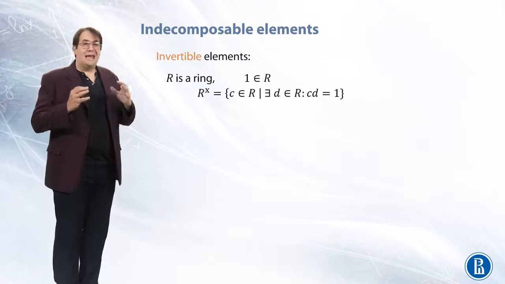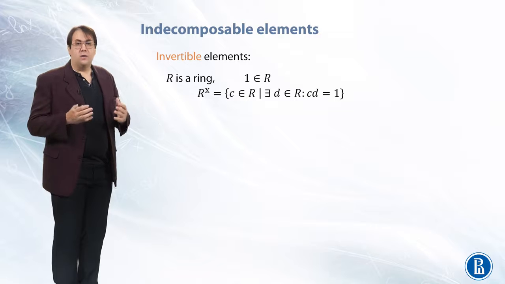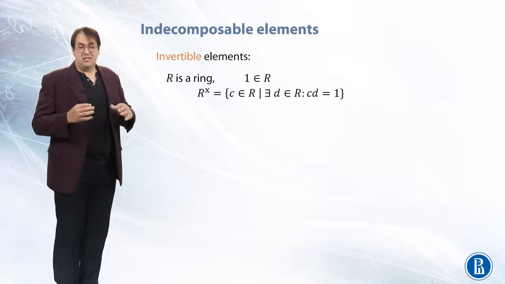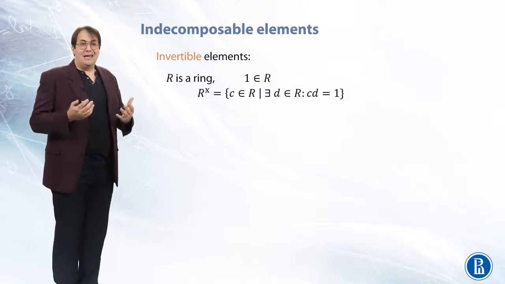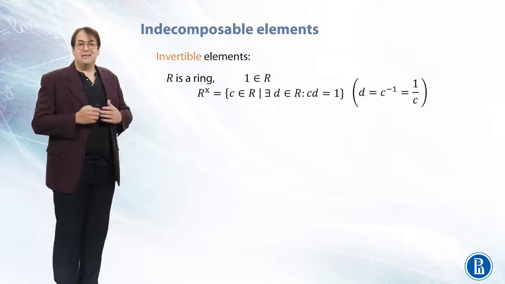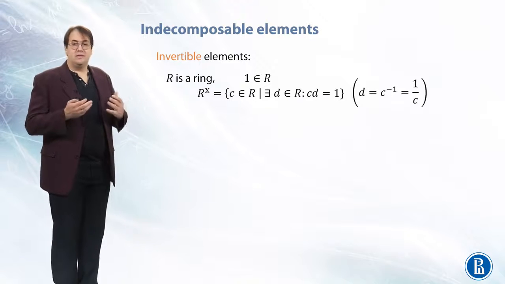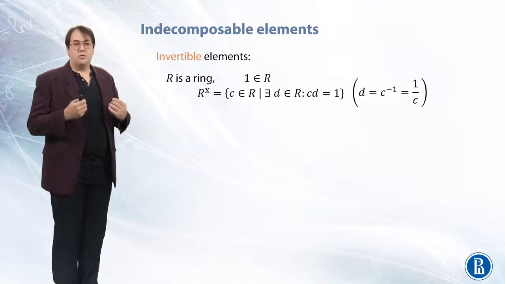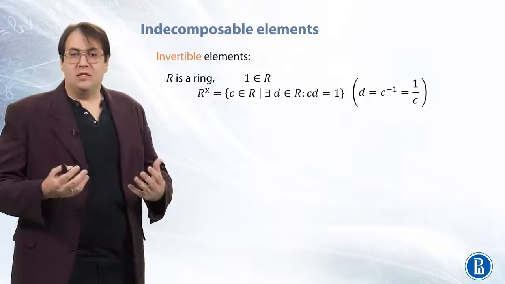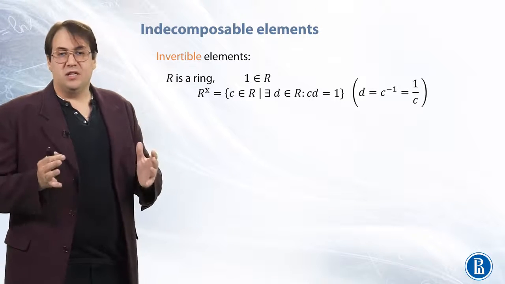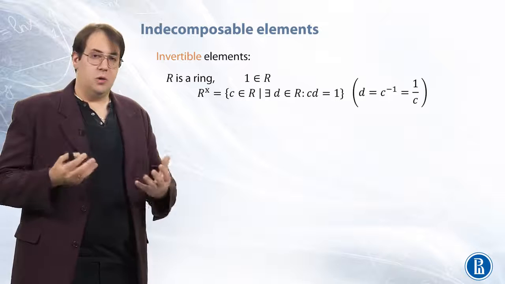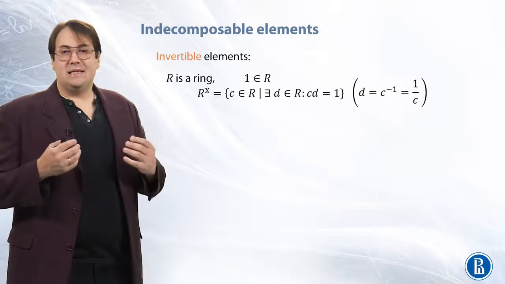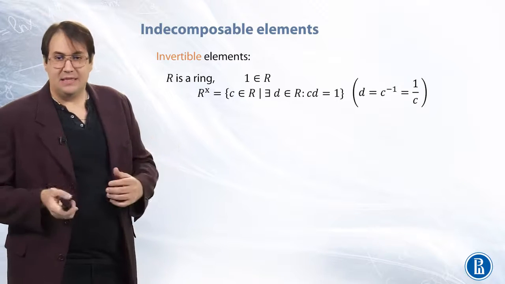And all elements of this set are said to be invertible, and we will occasionally write D as C to the power of minus 1 or 1 over C. So now that we have invertible elements, we can go on and discuss indecomposable elements.